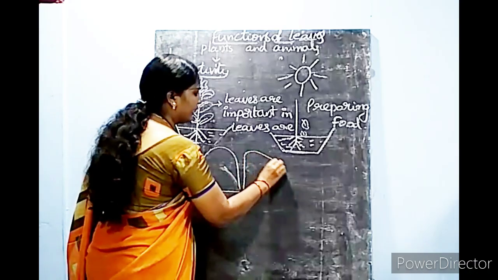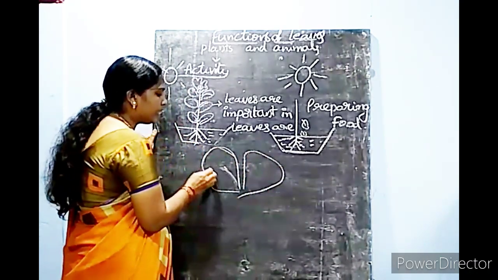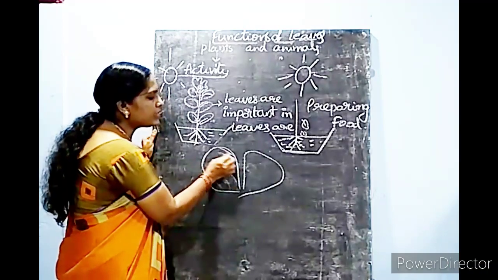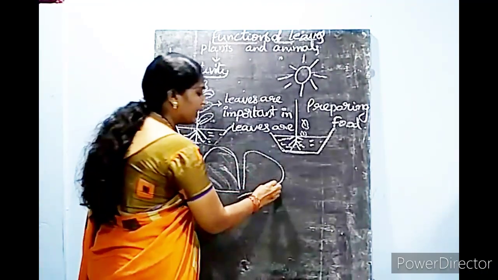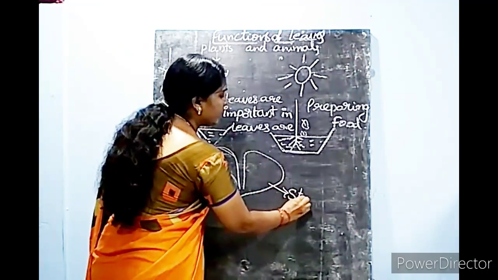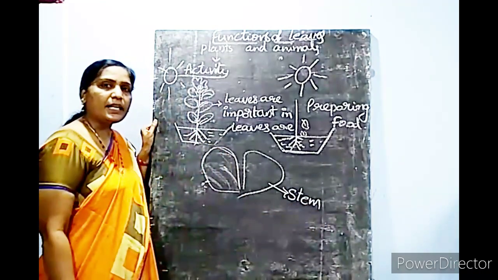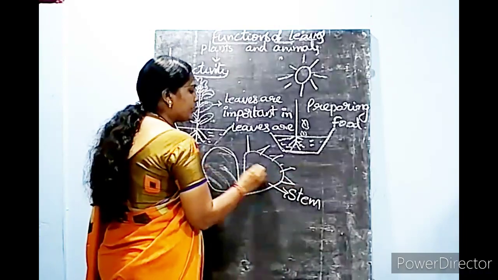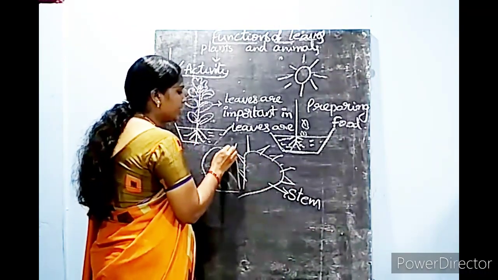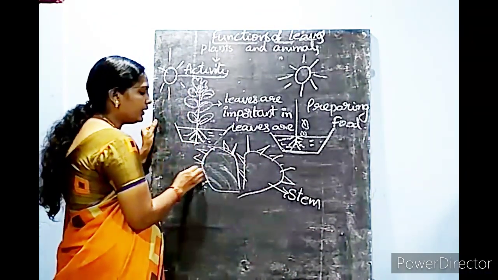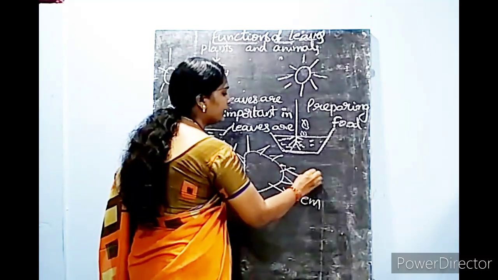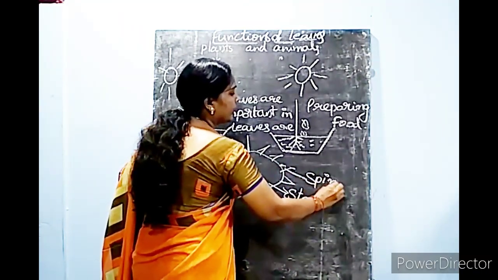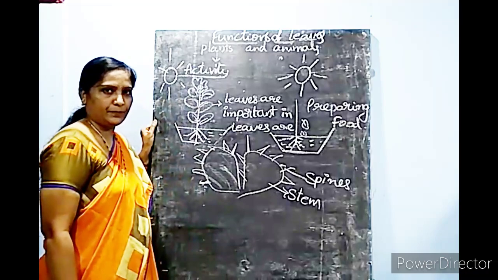So this is a cactus plant. The green part which appears like the leaf, that is not the actual leaf. It is the stem part. And some spines are present on the stem. So these spines are leaves.